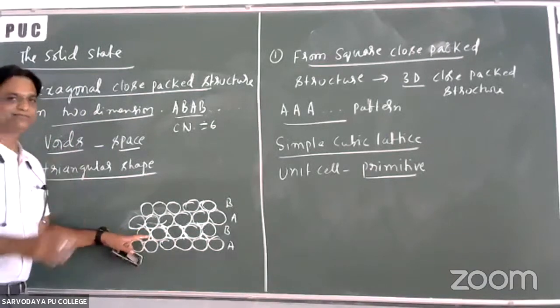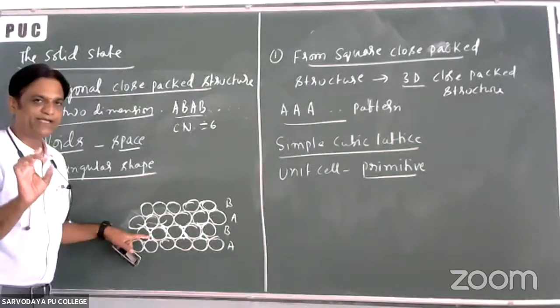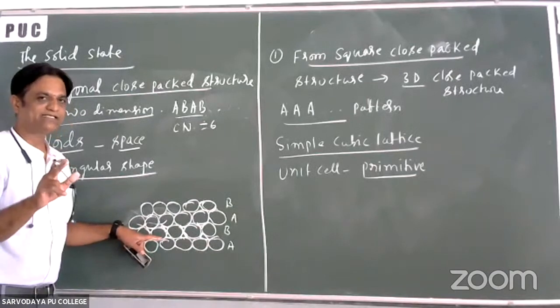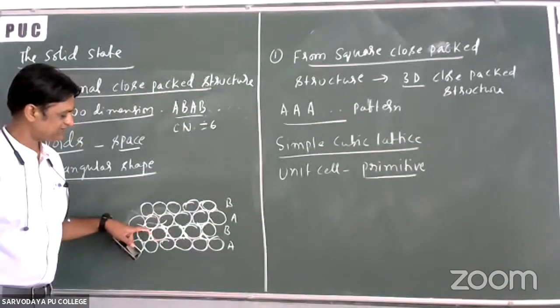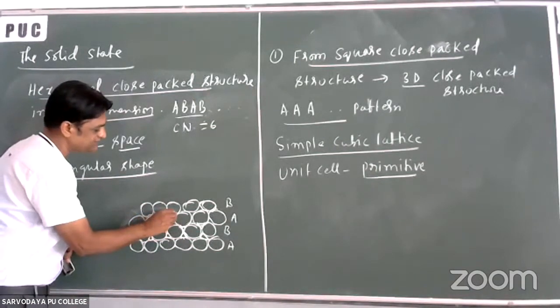And if you take different layers, the apex of the triangular void is not same. In one layer, apex of the triangular void is upwards, whereas in another layer, apex of the triangular void is downward, like this.